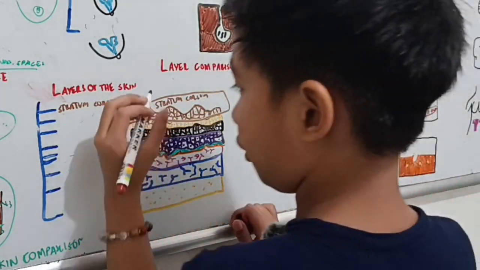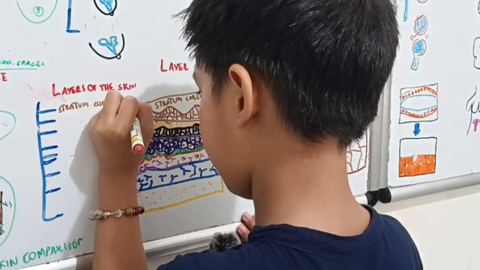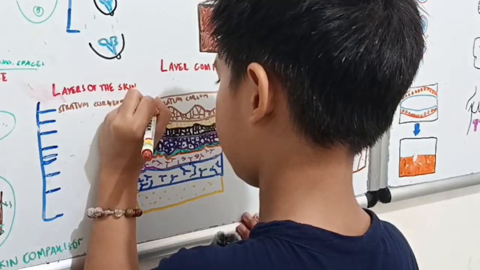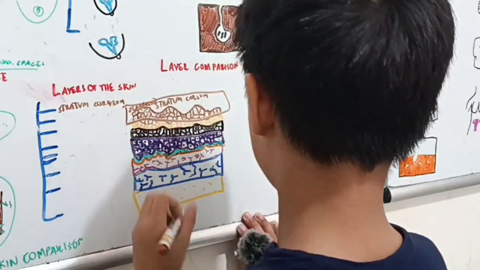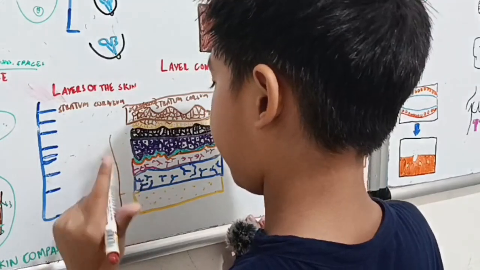Mostly in the stratum corneum, the cells are dead. The death scale is really high. Almost 100%, somewhere like 80.